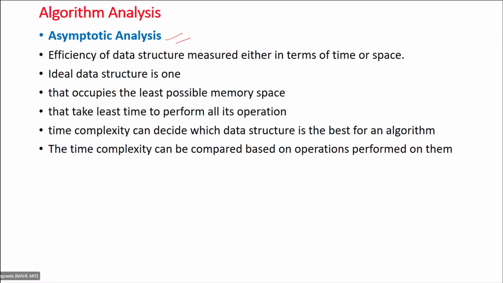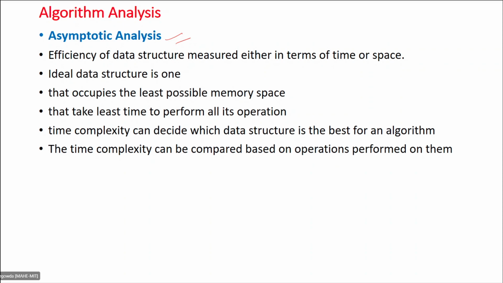Our focus should be on finding the time complexity rather than the space complexity. By finding the time complexity, we can decide which data structure is the best for the algorithm.